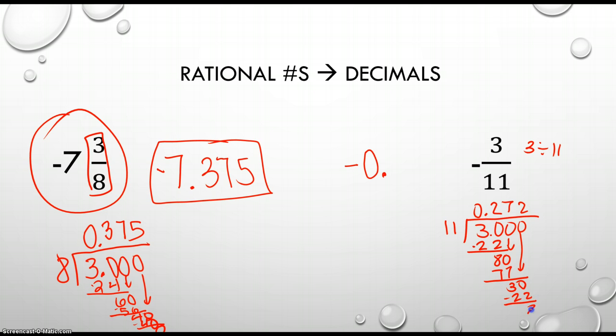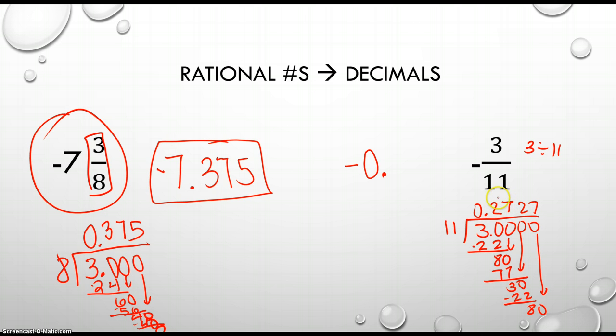And we are going to start seeing a pattern here. Bringing down another 0. So our remainders start at 8, then we have a remainder of 3, a remainder of 8. So we're going to start seeing 11 goes into 80 7 times. So we're going to have a repeating decimal.